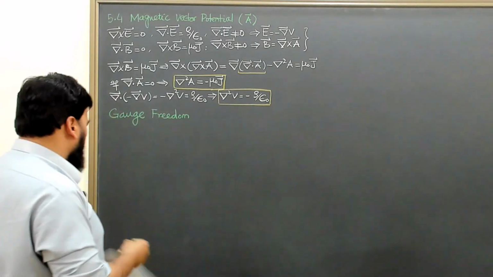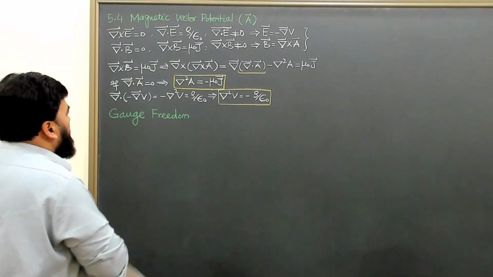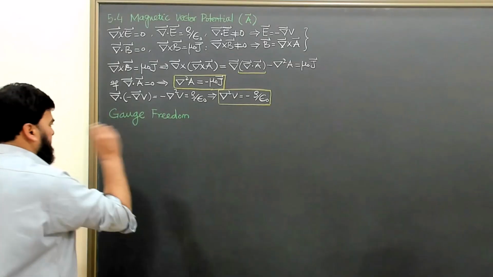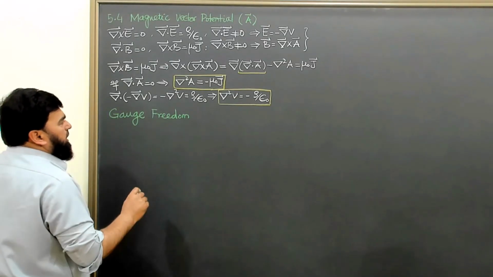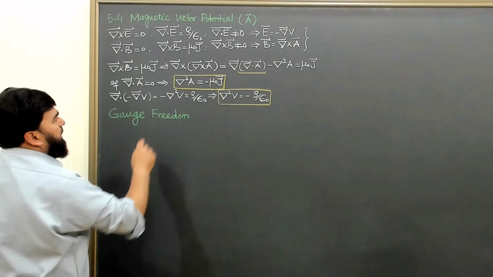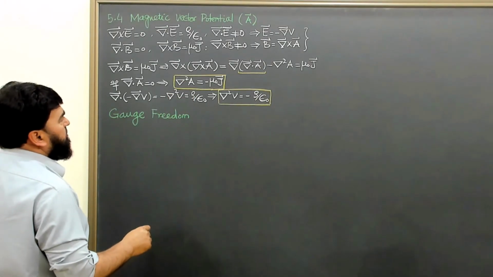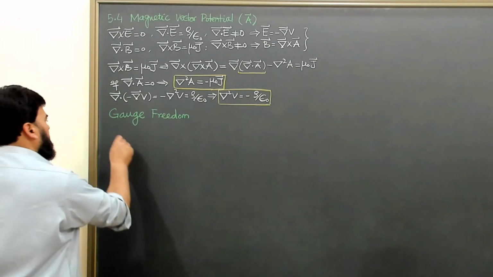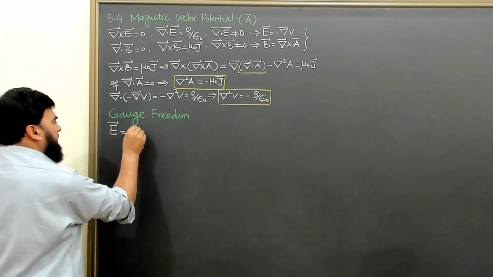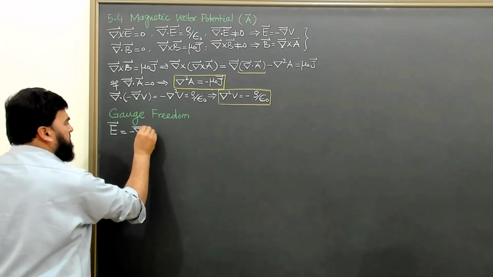So starting from this one, first we will discuss the electrostatic case. Now look here, when I write that the electric field is the negative gradient of potential, so E equals minus gradient of V.